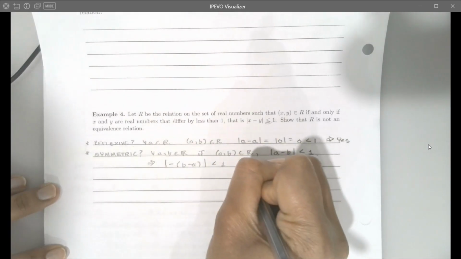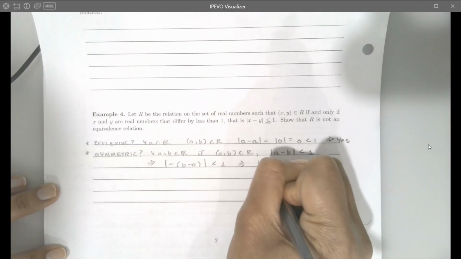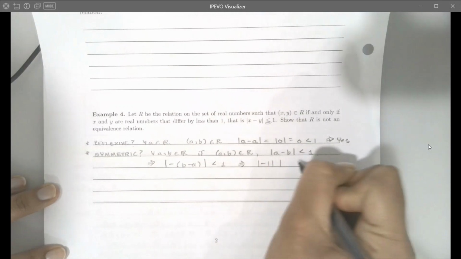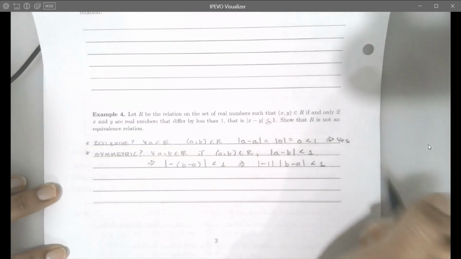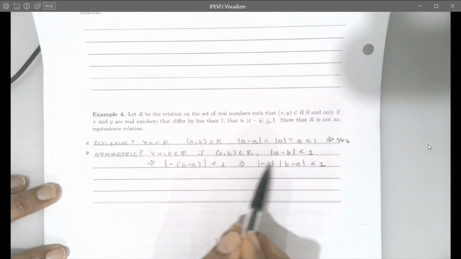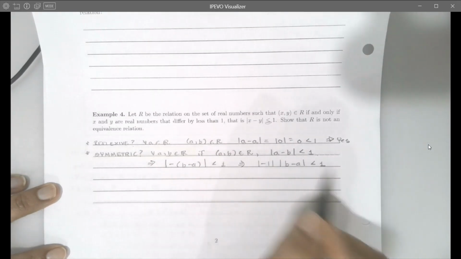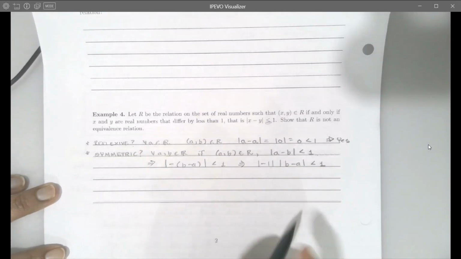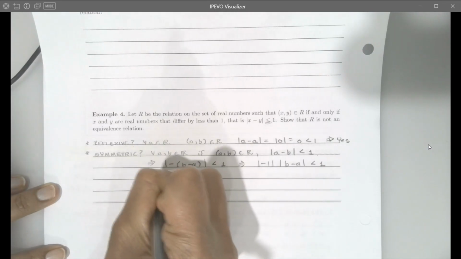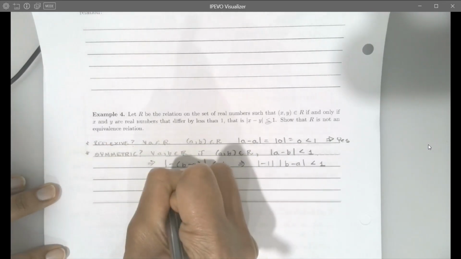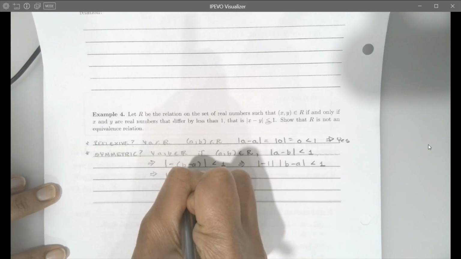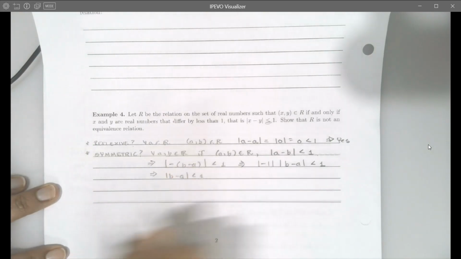And then we can separate that into absolute value of negative 1 times absolute value of B minus A will be less than 1. And absolute value of negative 1 is simply 1. So we get 1 times the absolute value of B minus A is less than 1. So the final result would be that absolute value of B minus A is less than 1.